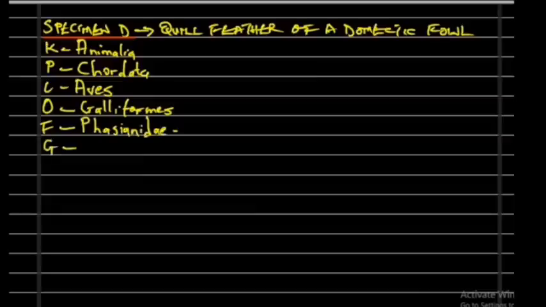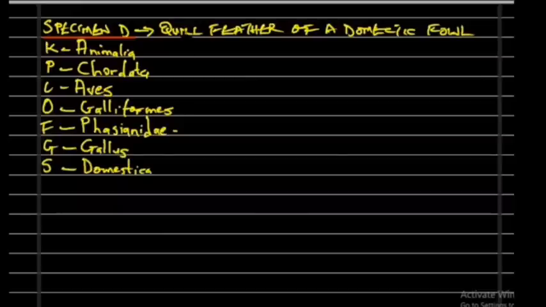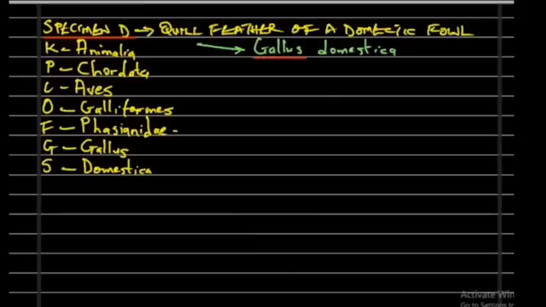The genus we call Gallus, and the species is domestica. That is why scientifically we refer to it as Gallus domestica. In some textbooks you see it written as Gallus species. So remember, this is how the scientific name is written.